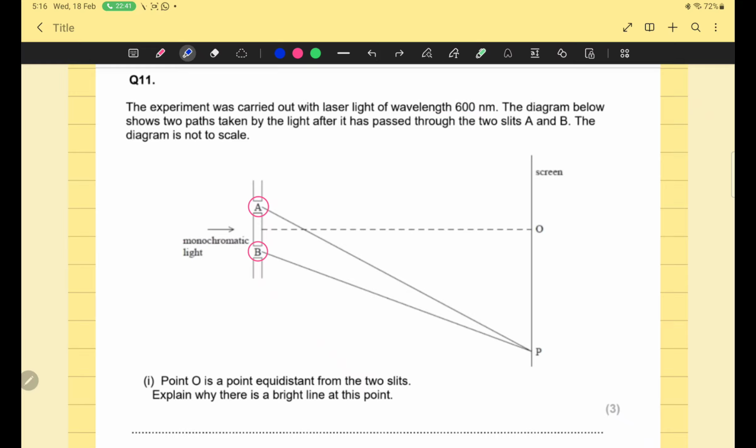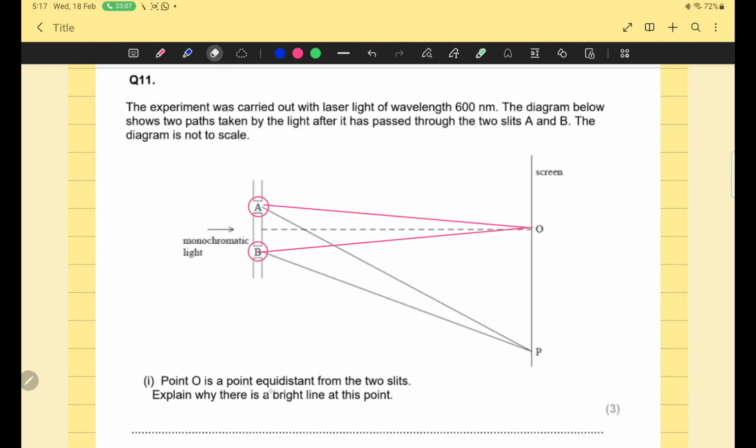Now the question is about point O, and you are given that point O is an equidistant point. The distance from A to O and the distance from B to O are equal.